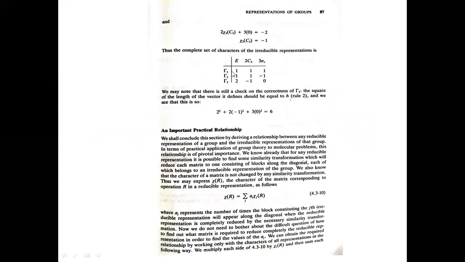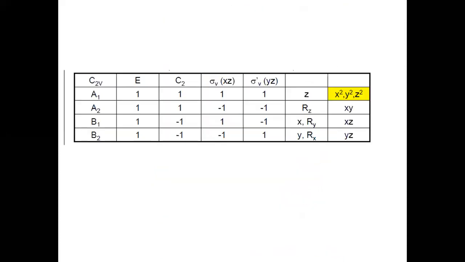In the same way, you can see the example of C3V. We have 3 classes over here, and in that way we have 3 representations. So it depends on how many symmetry classes there are. Accordingly, the number of representations will be the same.